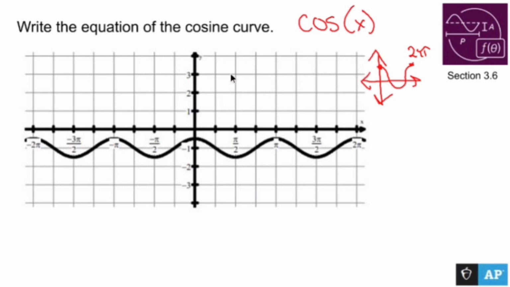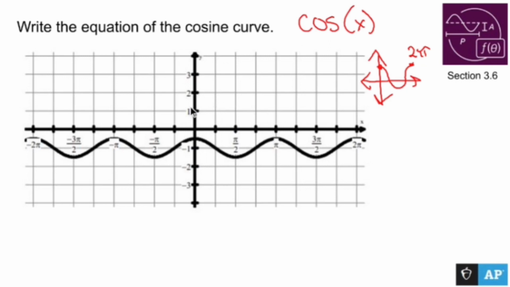Right off the bat, I am not centered at the x-axis. I am moved down, looks like one whole unit. Also, things are squeezed a little bit, and my period is different. So I'm looking at three things that are off.